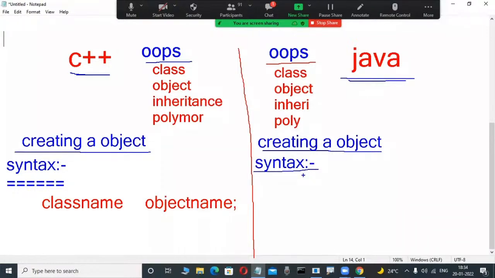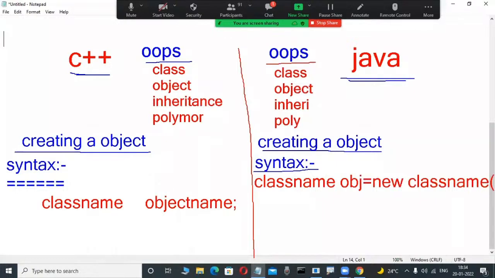Some of you are telling it correctly: class name, space, object name equals new class constructor. So are these two languages syntactically different or the same? Syntactically different. Conceptually, OOPS concepts are the same, but syntactically they are different, and functions are also totally different.